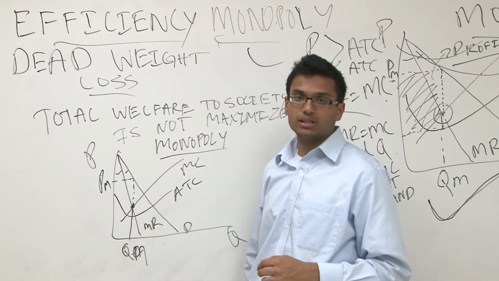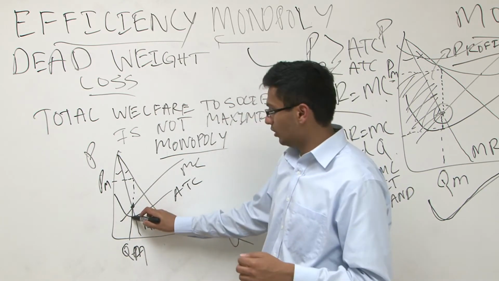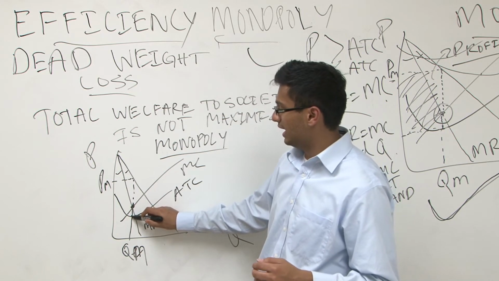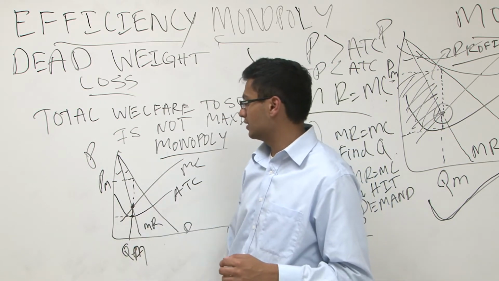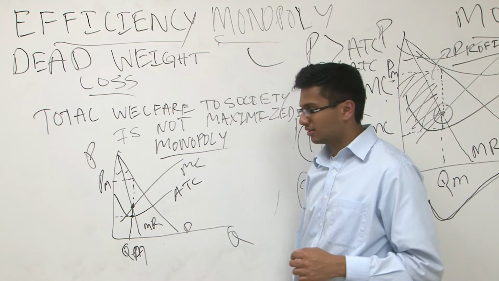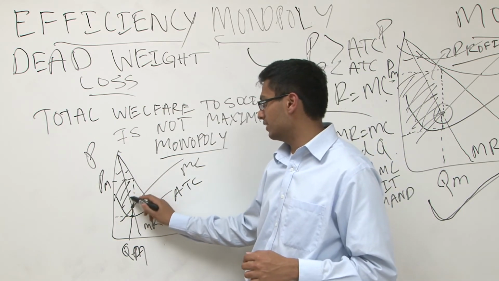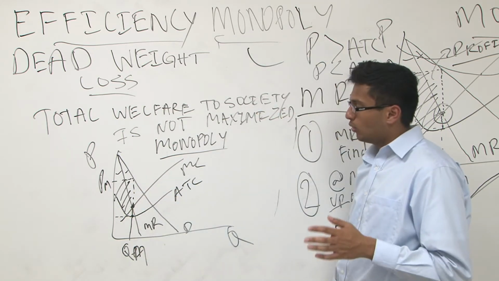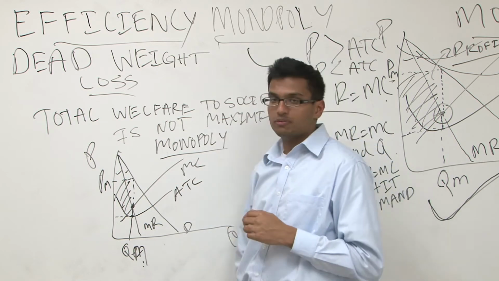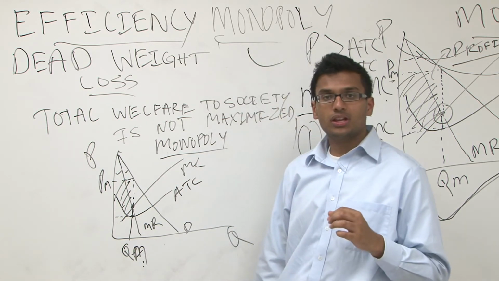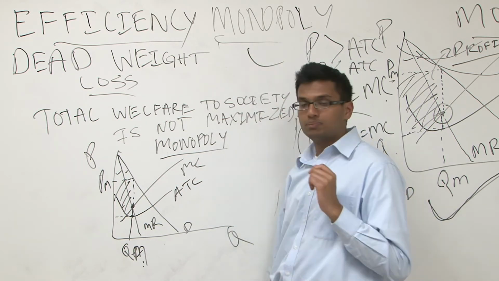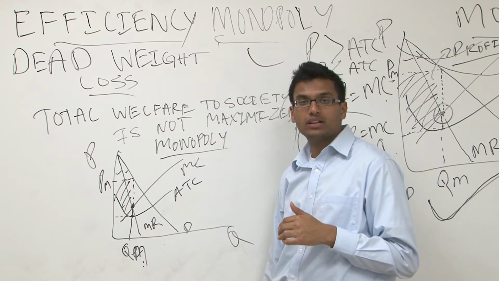Go back to MR equals MC, I told you guys it's your home base. You go down till you hit ATC, take a left, and that's your cost, and that's the rectangle that's created. Now, that's your quantity of monopoly. Now, what if you were in a competitive market?